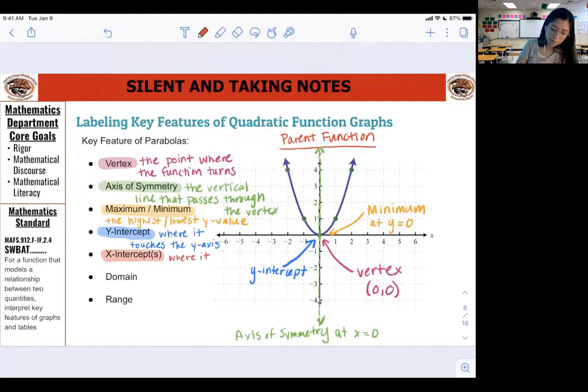At the vertex. Also at the vertex. At the same spot at 0, 0. So the y-intercept is the same as the x-intercept in this case. Now again, I'm going to show you a lot of different examples and they're not all going to look this way. But this is true for the parent function.